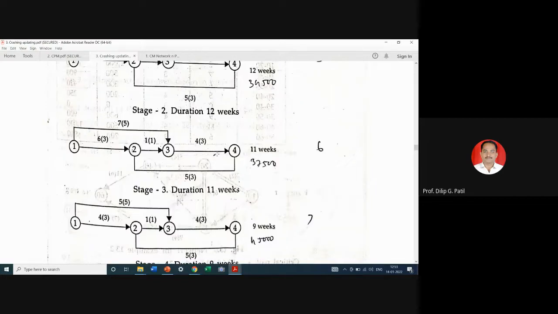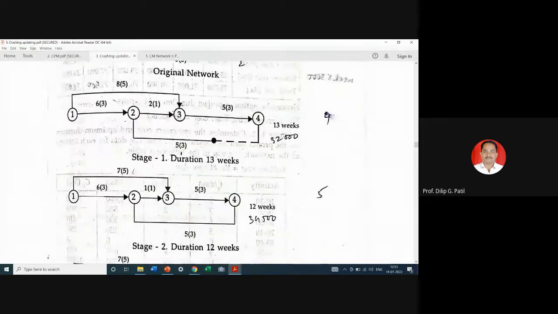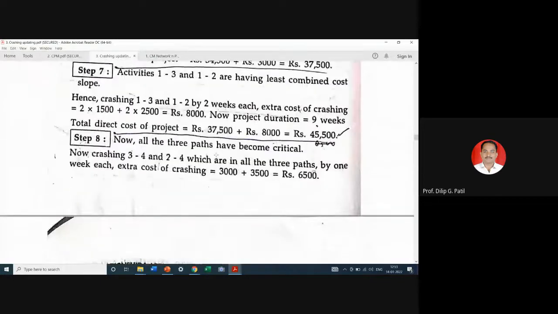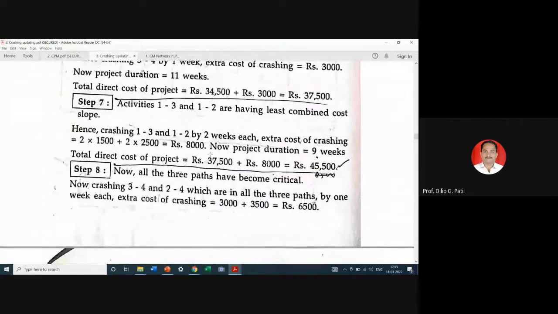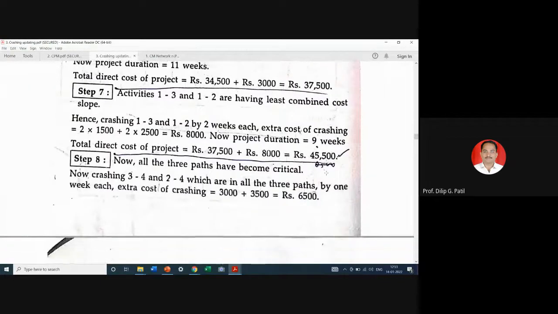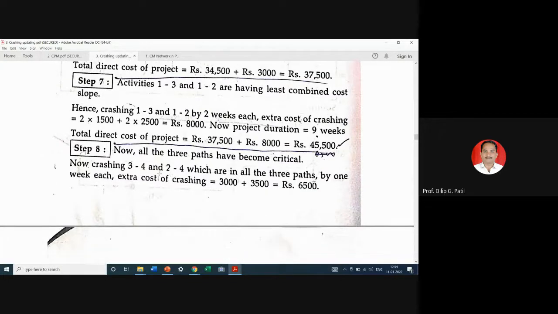Next step will be that 3, 4 and 2, 4. So 45,500. Now all these three paths have become critical. Now crashing 3, 4 and 2, 4, which are in all these three paths, by 1 week.